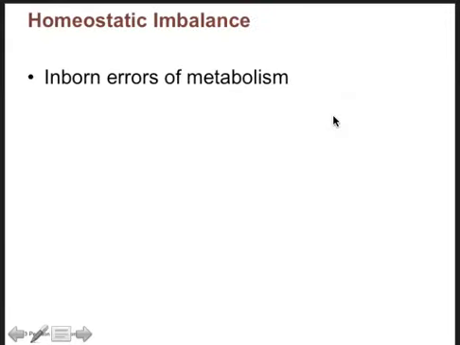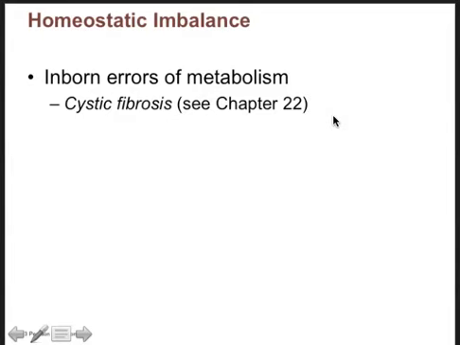There's also inborn errors of metabolism that can result in homeostatic imbalance and inability to properly execute metabolic pathways. Cystic fibrosis is basically an error in a pump that controls the distribution of sodium in the extracellular environment. It can have effects on the urogenital system as well as the respiratory system.